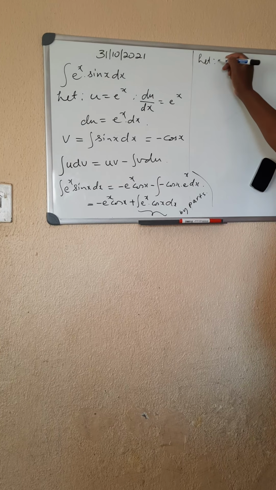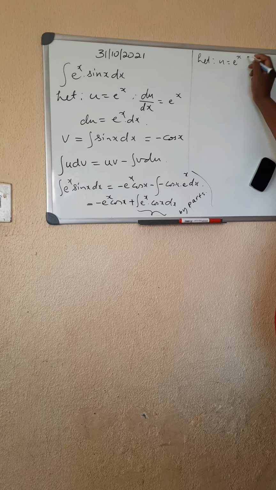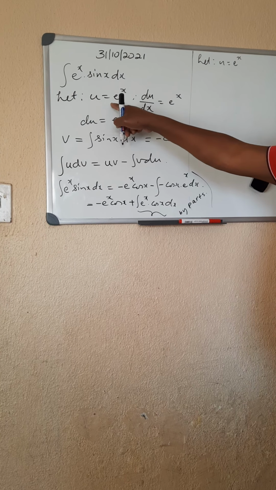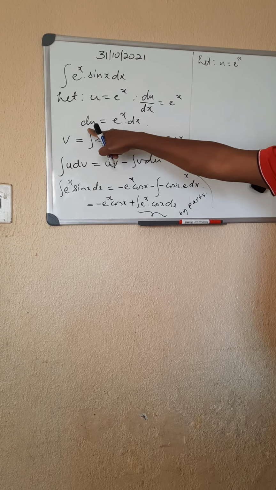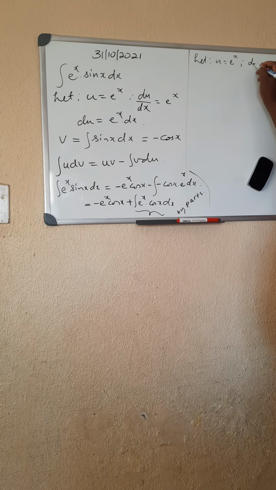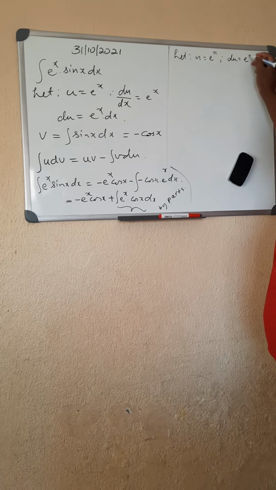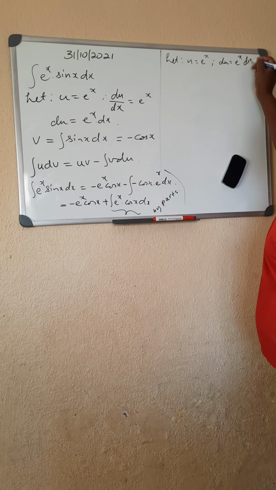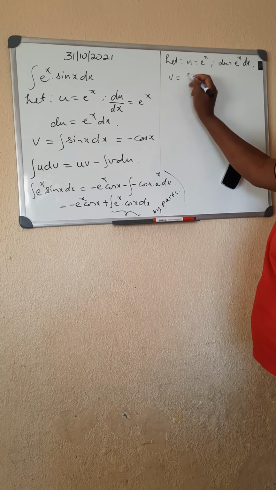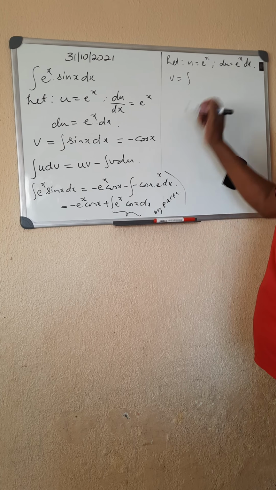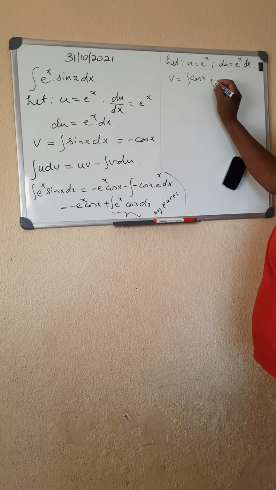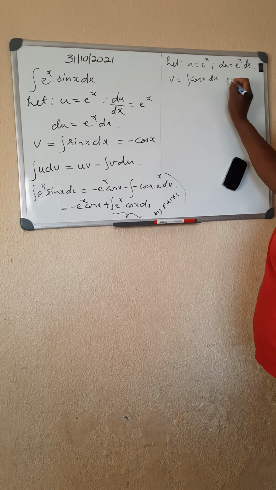That part, where now we will say let u equal e to the x, because it's the same as that. We will then finally have du as that. Now therefore du is e to the x dx. But what about v? v will be the integral of cos x dx.